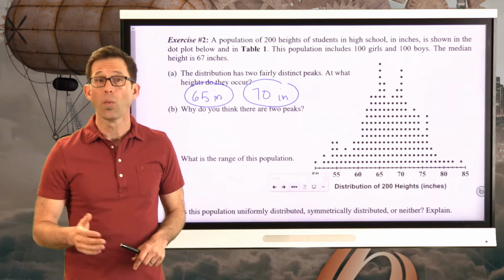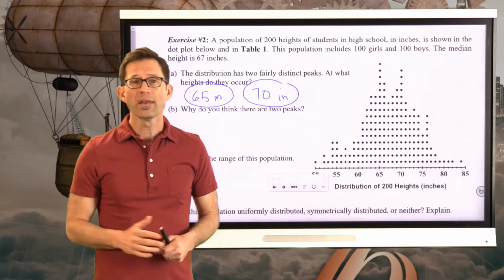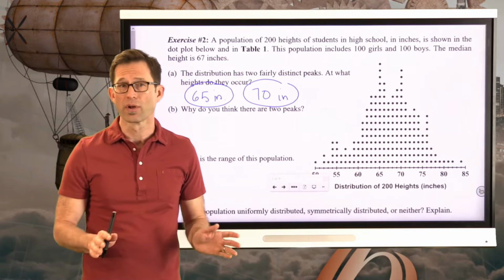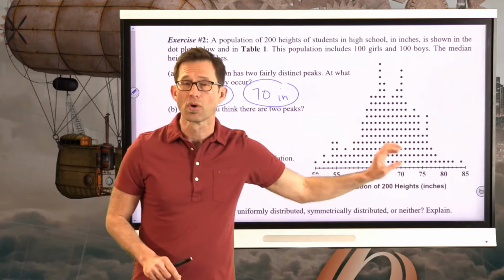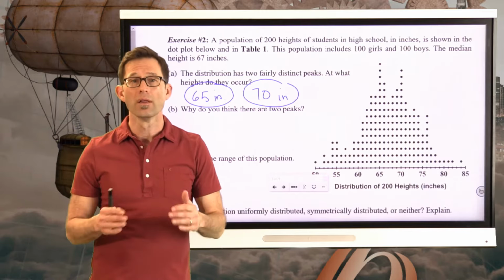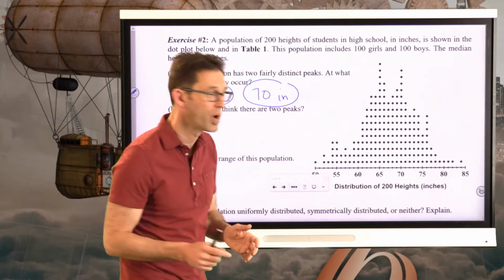Well, there's probably one likely for girls and one likely for boys. Now that doesn't mean that every boy is taller than every girl, or vice versa. You definitely probably have some boys down here and some girls up here. But generally speaking, boys tend to be a little bit taller than girls, especially by the time you reach high school. All right?